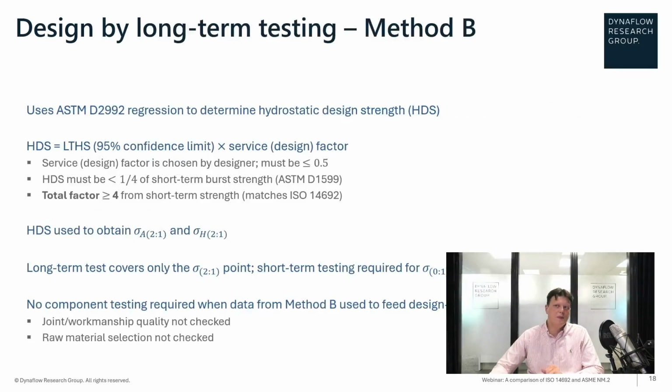Now, method B is design by long-term testing. So this method is actually the most similar to what the ISO 14692 prescribes, and you use the same ASTM D2992 regression test to determine the hydrostatic design strength, that is to say the lower confidence limit, the 95% confidence limit, times a service factor to get your design strength.